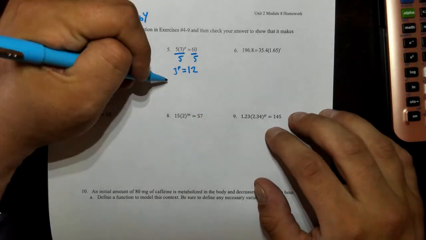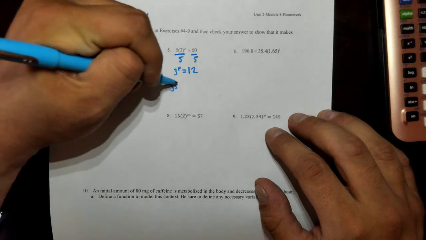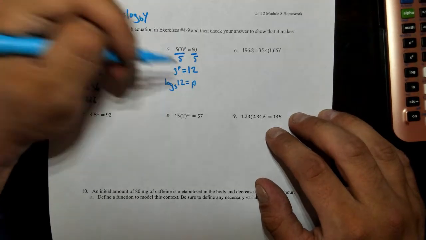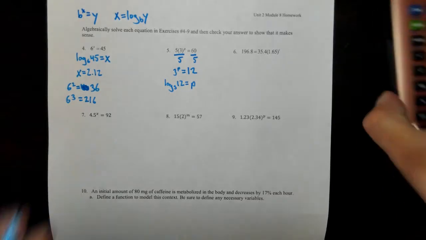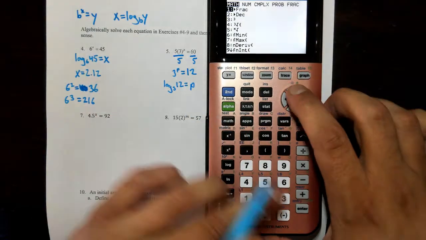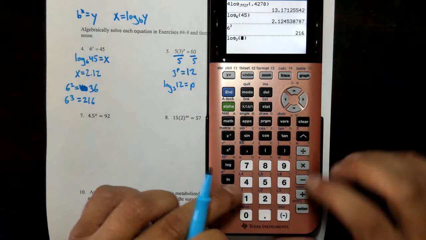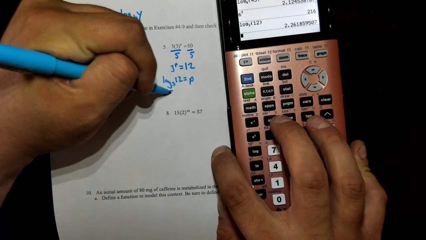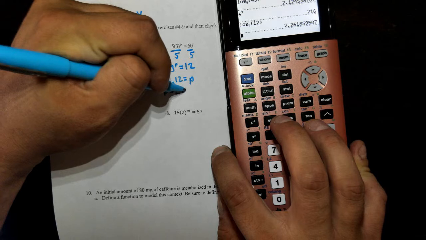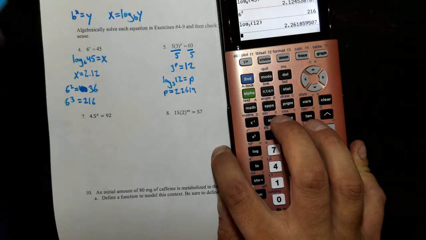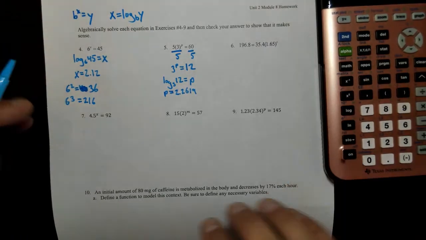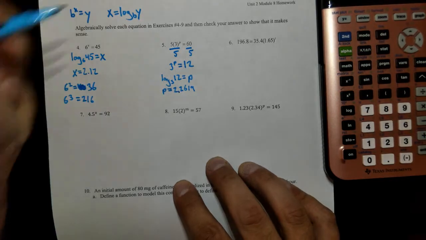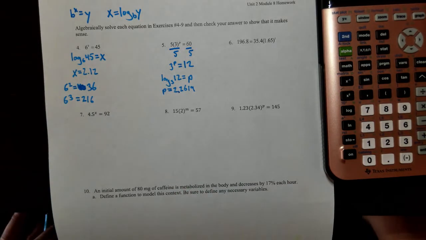So we can say log base 3 of 12 equals p. And we can put that into our calculator. So p is roughly equal to 2.2619. Well, that should be a decimal there. Okay. Awesome.